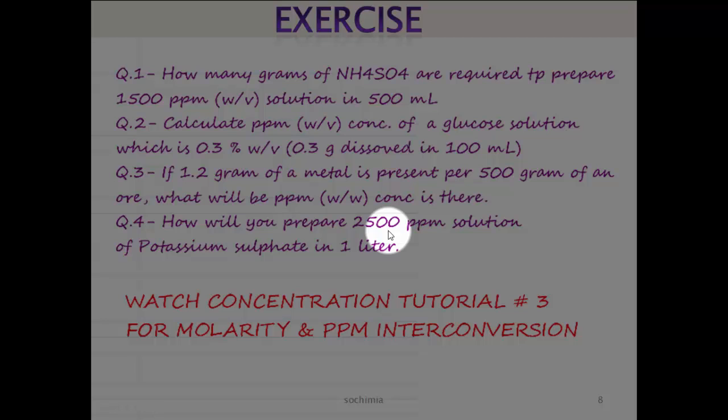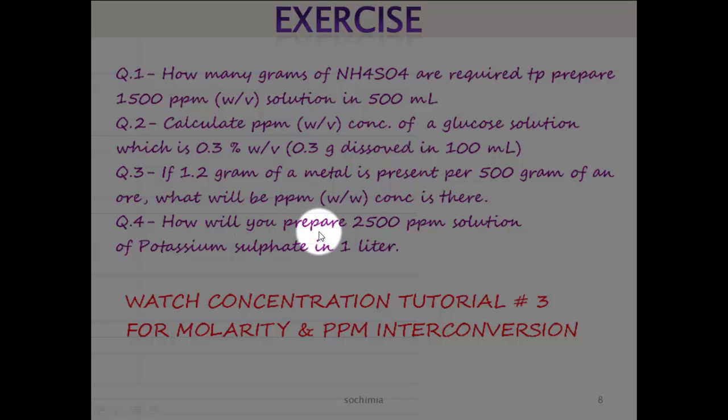First step would be that you will need to calculate how many grams of potassium sulfate are required. There's no use of molar mass actually, so you will calculate the amount in grams of potassium sulfate which is required to prepare this solution. And second step will be how you will prepare this.